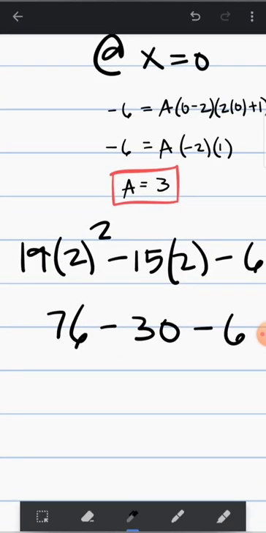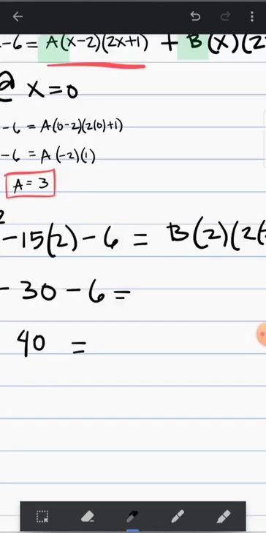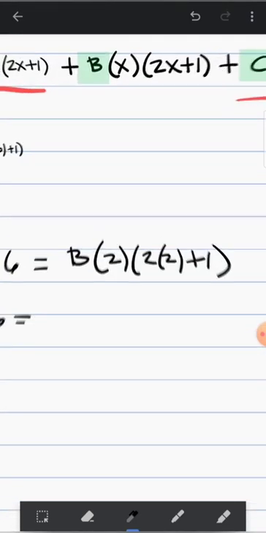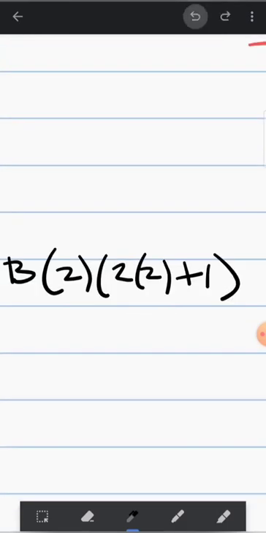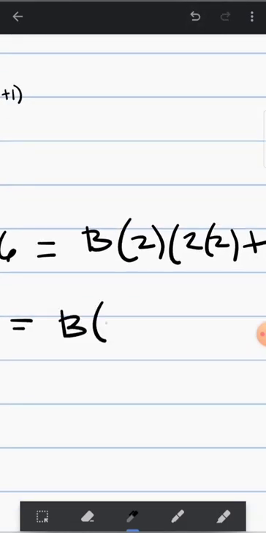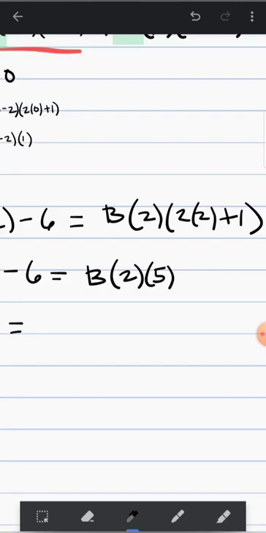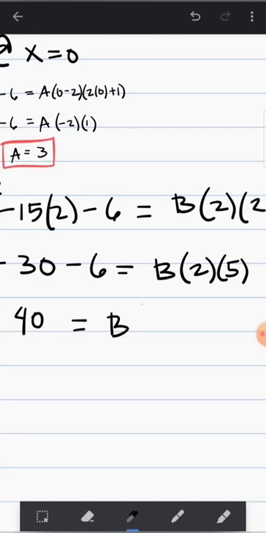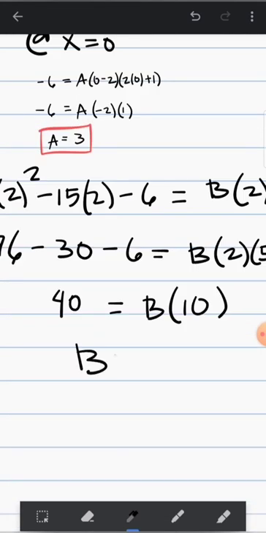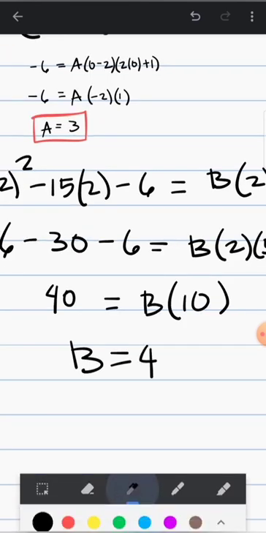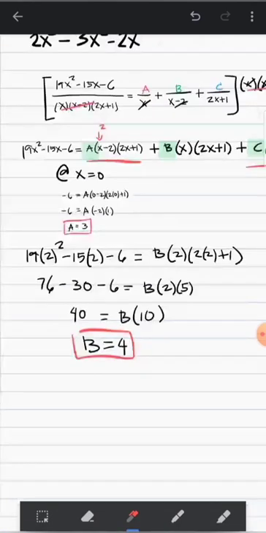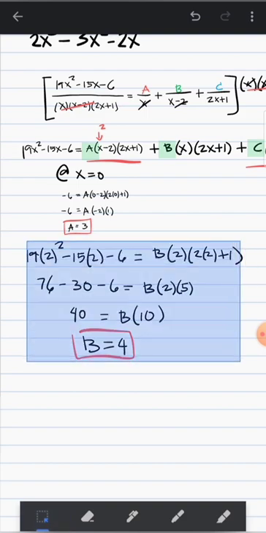So 76 minus 36 is just 40. That's equal to b times 4 plus 1 is 5, times 2. b times 2 times 5. That's b times 10. And so b is equal to 40 divided by 10, which is 4. So now we've got b.